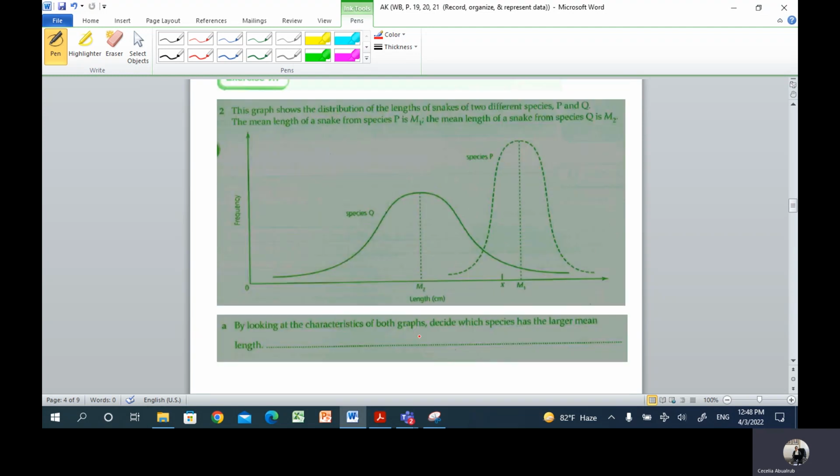So by looking at the characteristics of both graphs, decide which species has the larger mean length. As you can see here, they said that this is M2 and this is M1. And as we can see, M1 is taller than M2, so accordingly, the answer for A will be as follows.